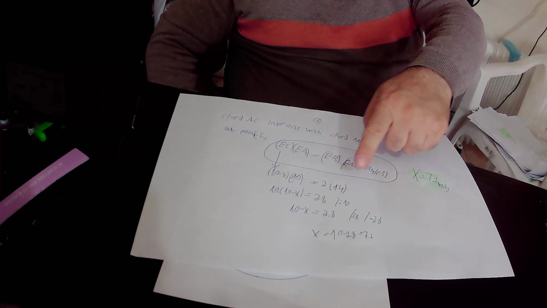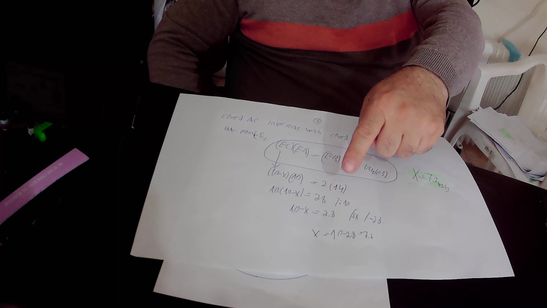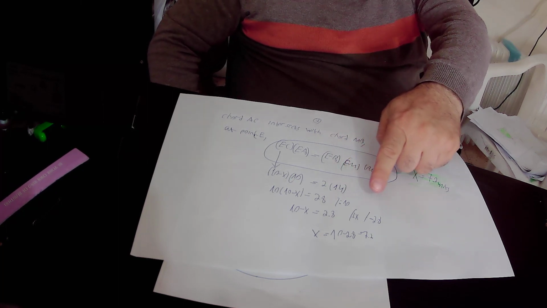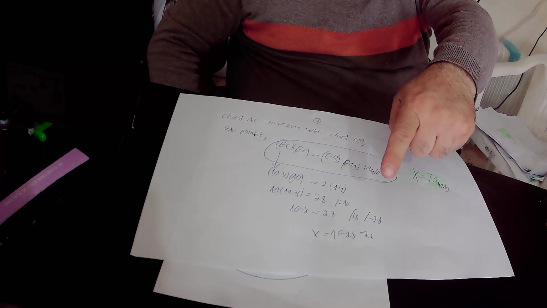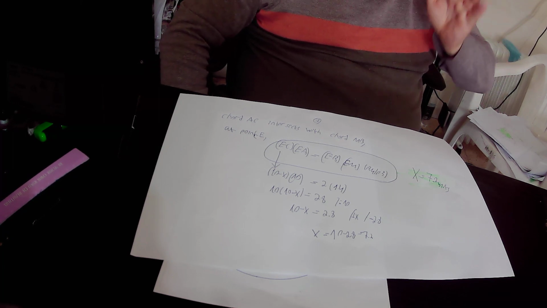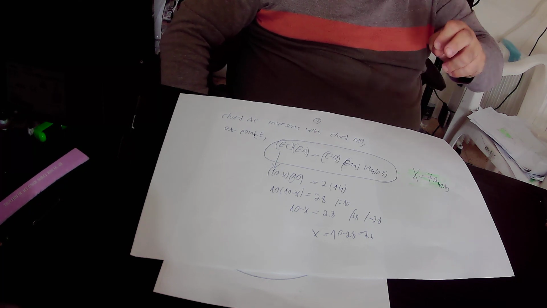We divided this equation by 10 and we found out that 10 minus X equals 2.8. Here we added X to this equation and we subtracted 2.8 and found out that X equals 10 minus 2.8. 10 minus 2.8 is 7.2 units. So we found out that X equals 7.2 units.